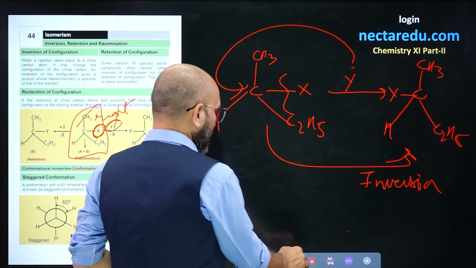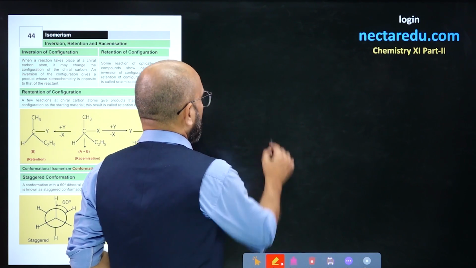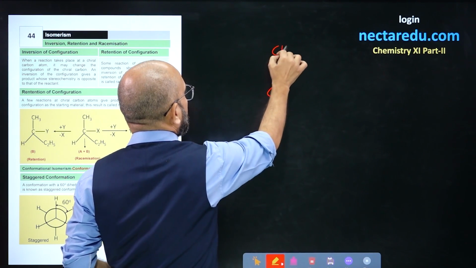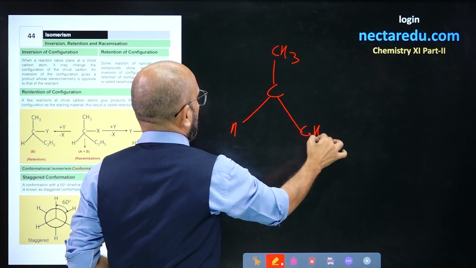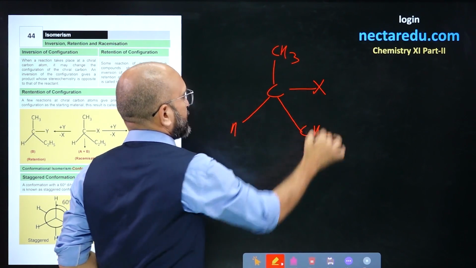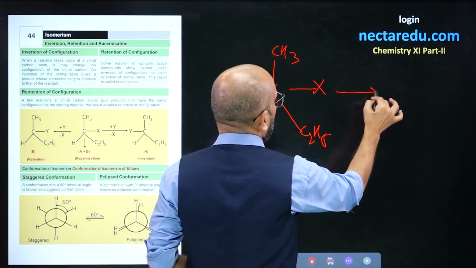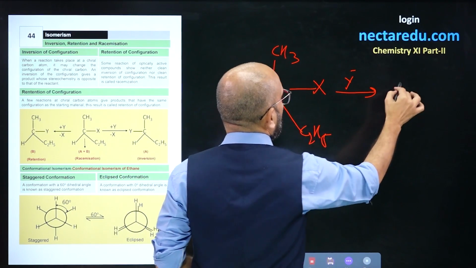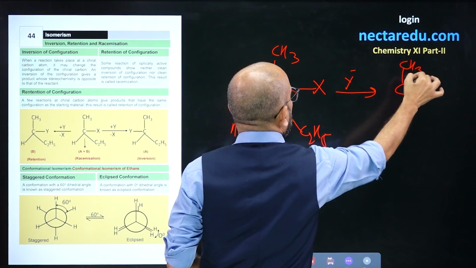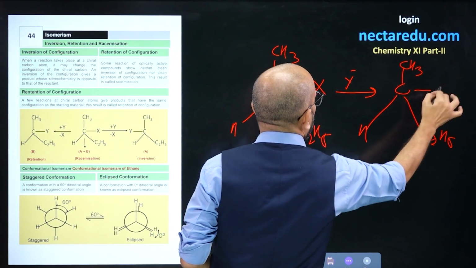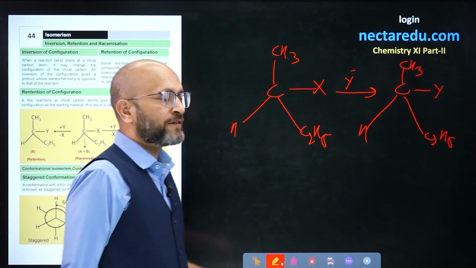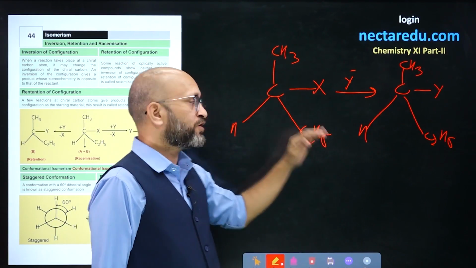Now, if we had something like this, with C2H5, and you had the same molecule and the new bond was formed on the same side, that is, the previous bond was broken from the right side and the new bond was formed from the right side, that means retention of configuration.